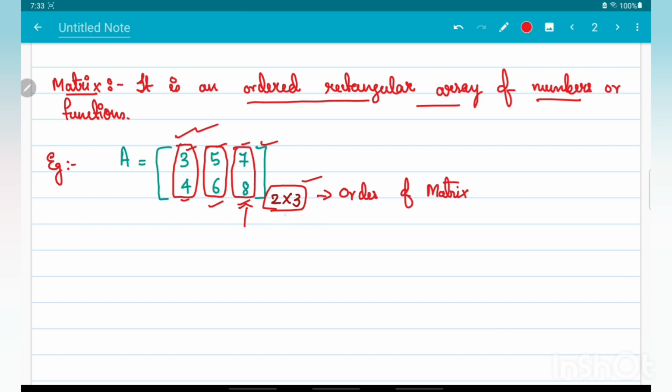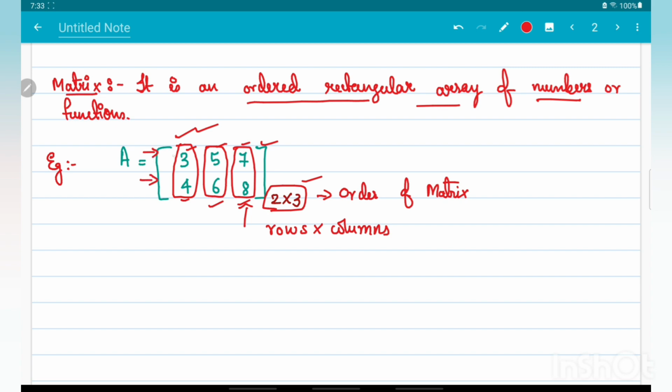Now how do you write the order of matrix? In order to write the order of matrix, first of all you write it at the bottom right corner of the matrix, in the form of rows into columns. Now if you see, this matrix has got 2 rows.